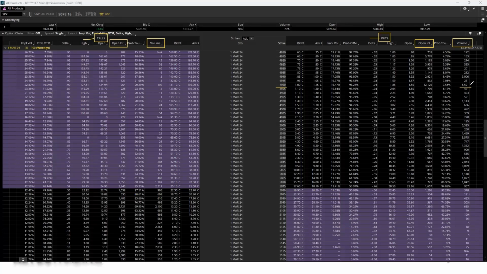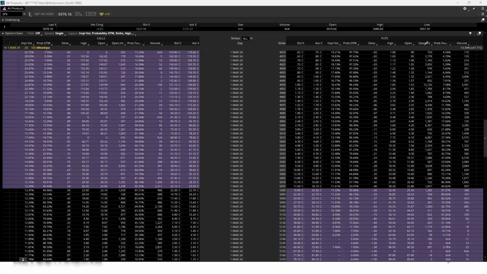We can see things and not necessarily have to know what it is, because it tells us that there's interest. There are trades taking place between buyers and sellers at that strike price. So it's not necessarily important to know exactly what it is. We just want to know what the volume is. We can see significant differences between strike prices.